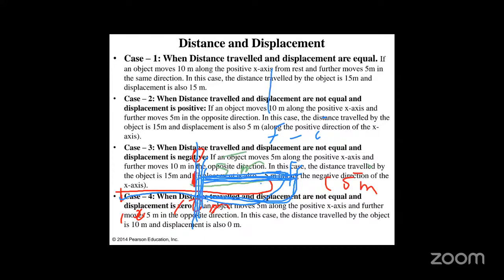Remember your quadrant like this. If you recall your O-level, this is your quadrant: north, south, east, and west. Everything on the north side is positive, the south side is negative, the west side is negative, the east side is positive.